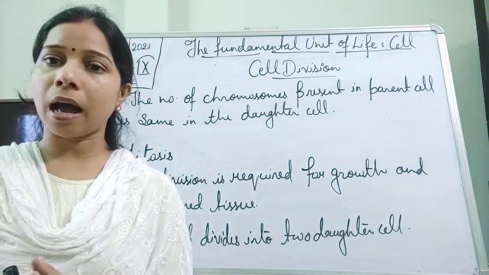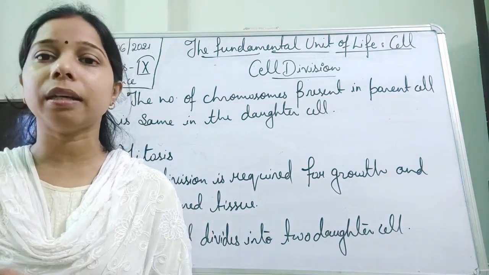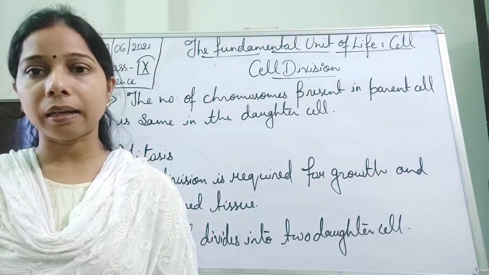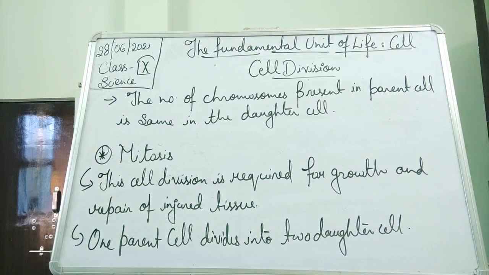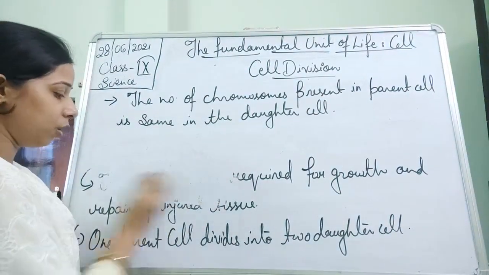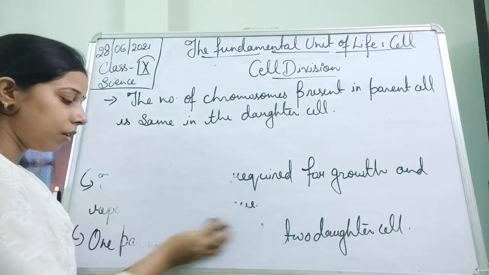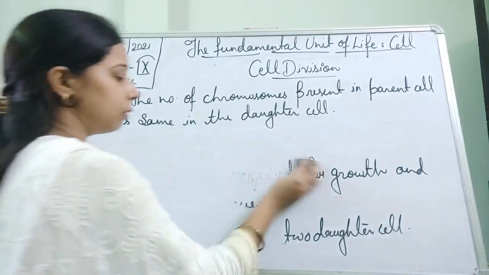At first the mother cell replicates before showing the division, and then it gets divided into two daughter cells, students. So the chromosomes first duplicate and then divide into two cells. Let me draw the diagram, which will make things very clear.